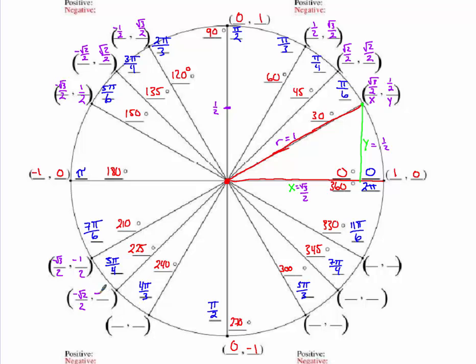And so hopefully you're filling this in along with me. And so we get down here in the third quadrant and we see that both of them, the sine and the cosine, are negative. Make our way around to the fourth quadrant, back to where the cosine is positive again, and the sine is negative.